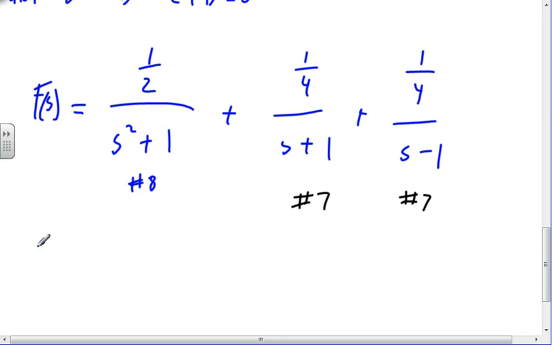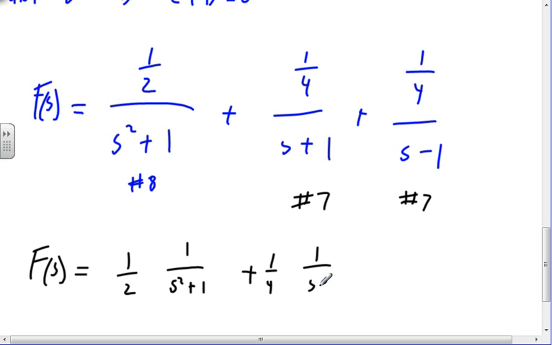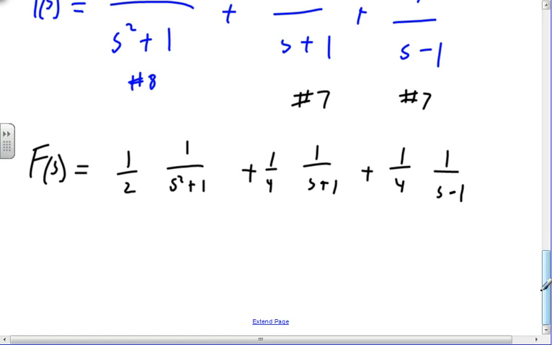I'm going to have F of s equals 1/2 times 1 over s squared plus 1, plus 1/4 times 1 over s plus 1, plus 1/4 times 1 over s minus 1. I hope the initial condition was 1 for x of 0. Yes, it was. Okay, good. I'm pretty sure it is.